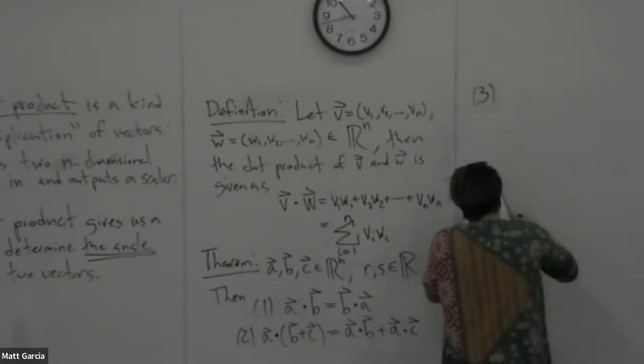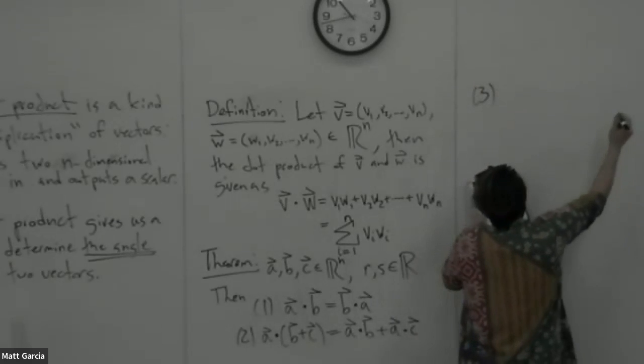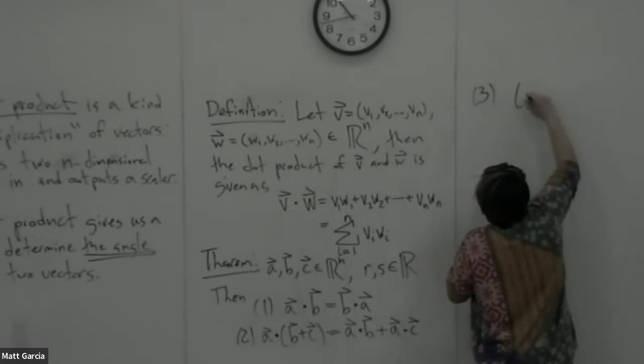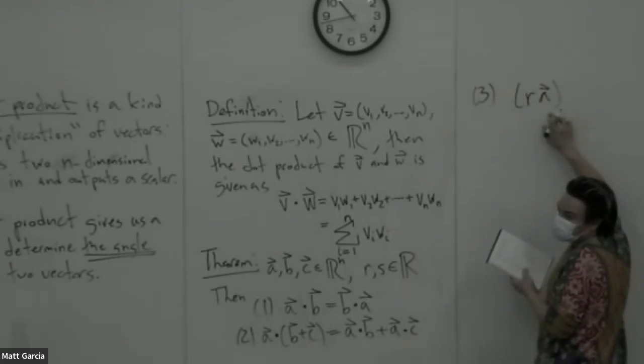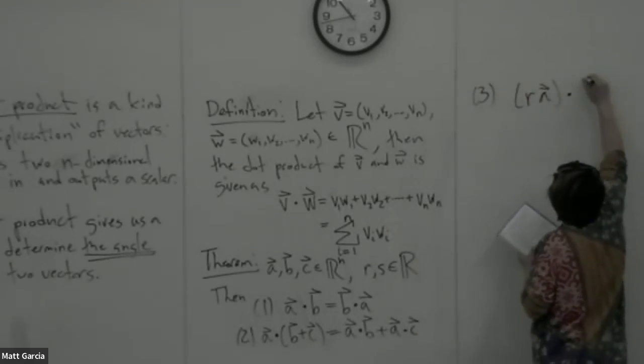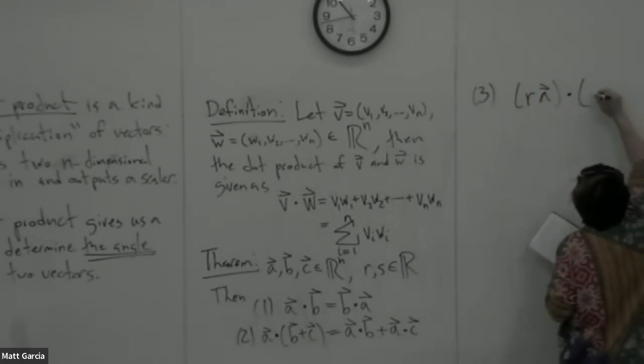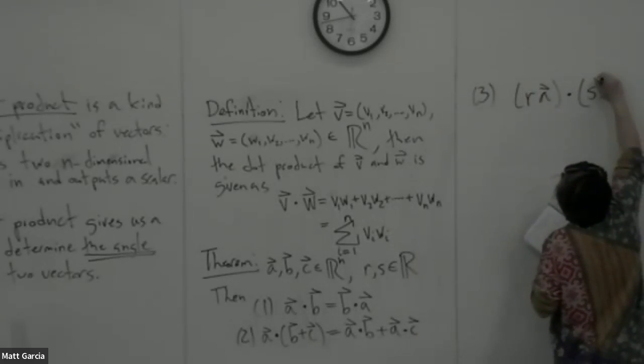Property 3. Let's suppose I scale a hat by r, which gives me another vector in Rn, and I want to take the dot product of that with b hat scaled by s.